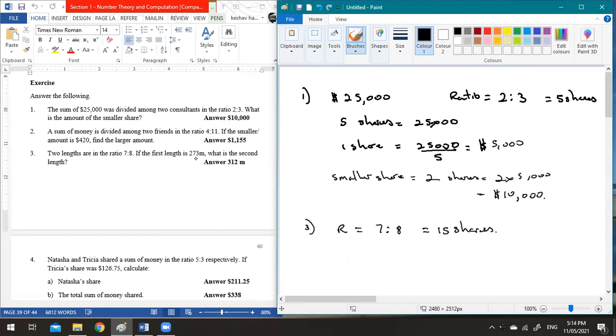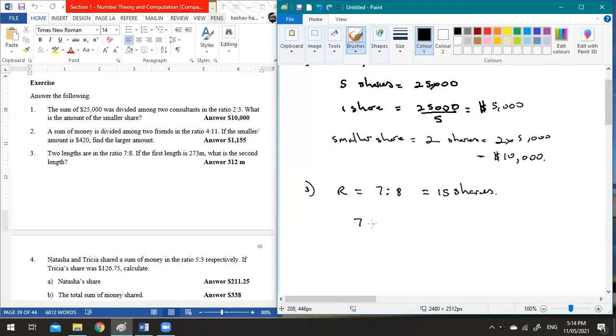The first length is 273 meters. So we could say the first length, 7 shares, is 273 meters. They want to know what is the second length. So similarly, all you have to do is find the length of one share by dividing by 7. So 273 divided by 7: 7 into 7, 1. 7 into 27 is 3, 6 remaining.